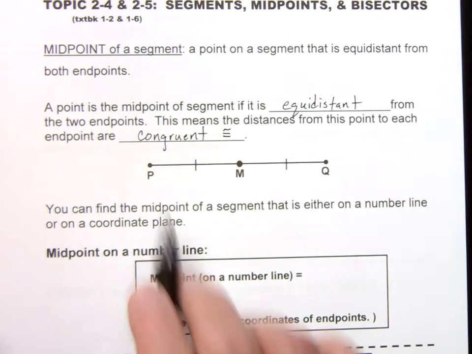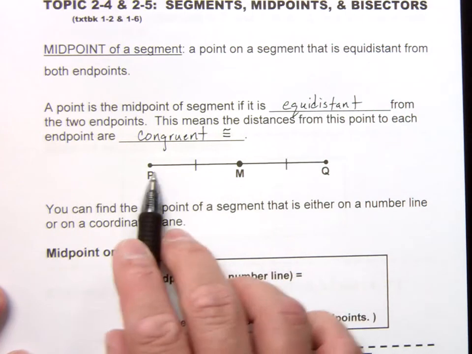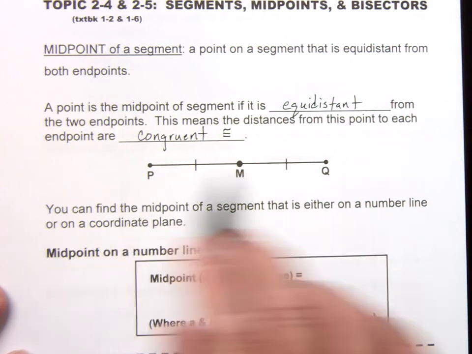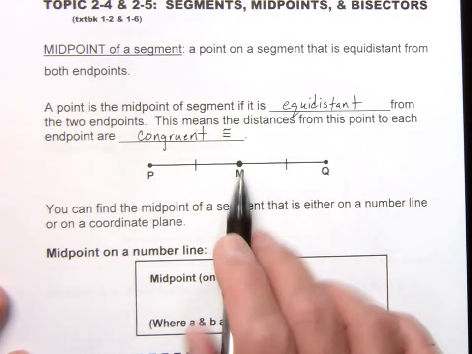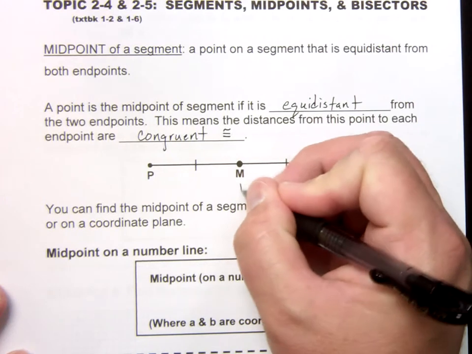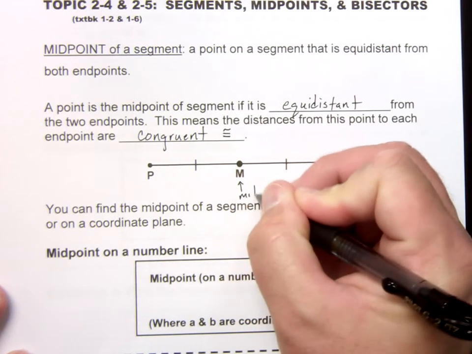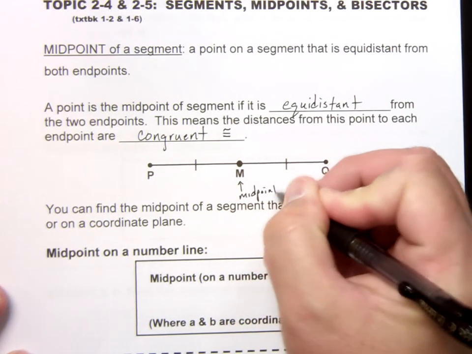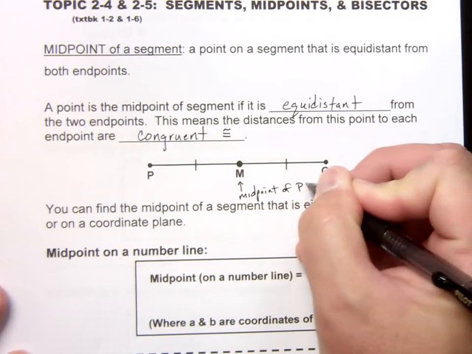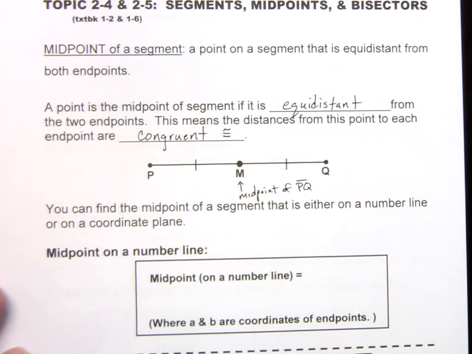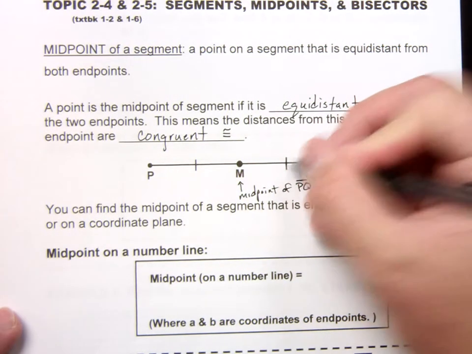If you look at this example right here, we have line segment PQ, and point M is the midpoint of line segment PQ. Now, how do I know for sure that it's the midpoint? It looks like it's in the middle, but how do I know for sure? That's what these marks right here do for us.